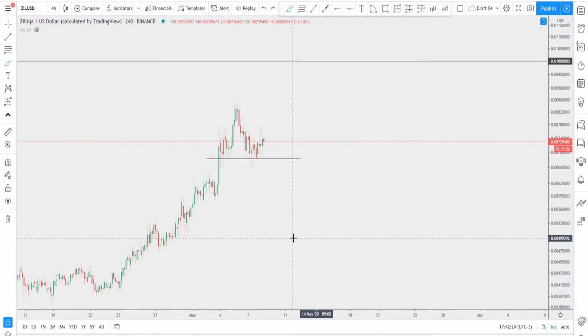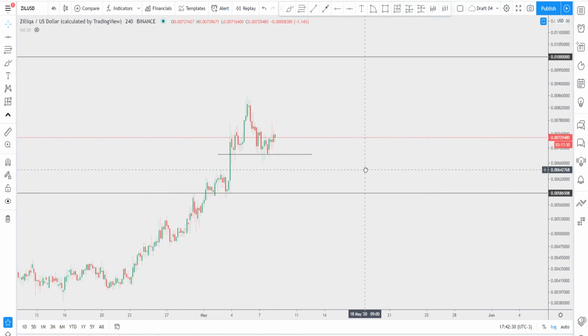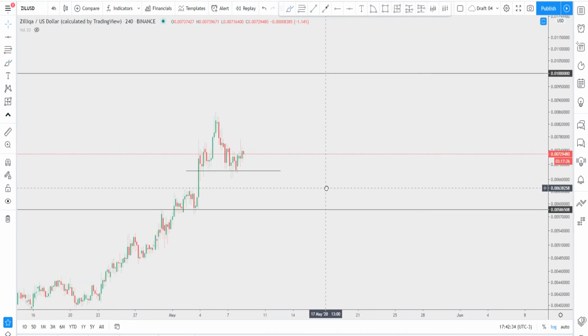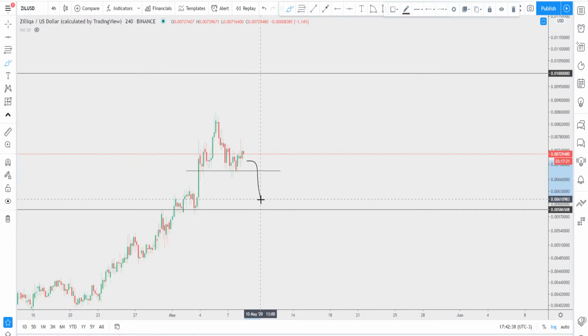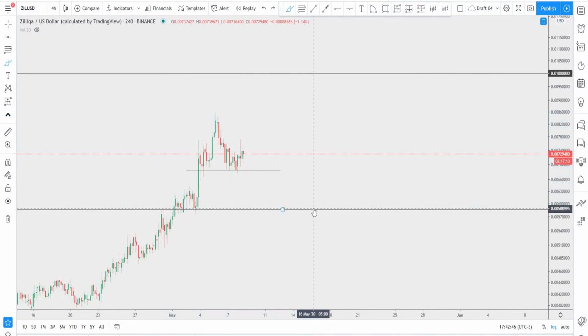I'll make a better drawing. Okay, so in this scenario here, we are probably going to develop lower chances for another head and shoulders, but it's possible to see, though unlikely.